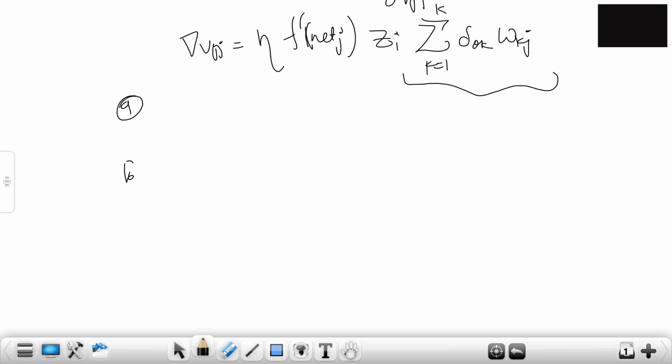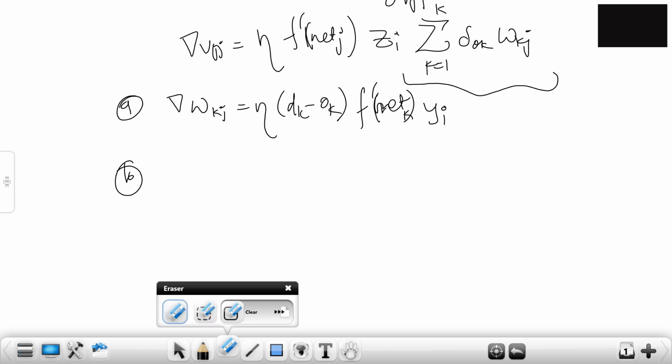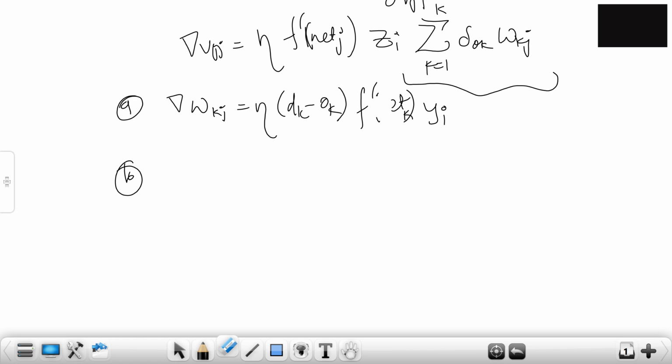So for the A part and the B part, the equations we started with first, we got delta Wkj equals eta, delta k minus OK, then f dash of net k. Pardon, my handwriting is not good today. Here f dash of net k.